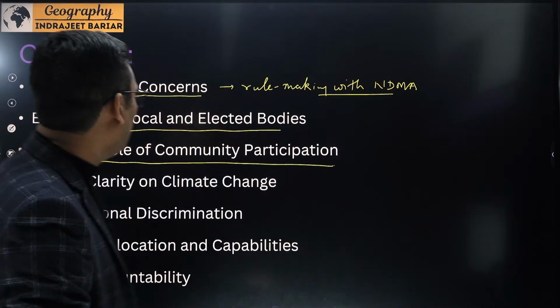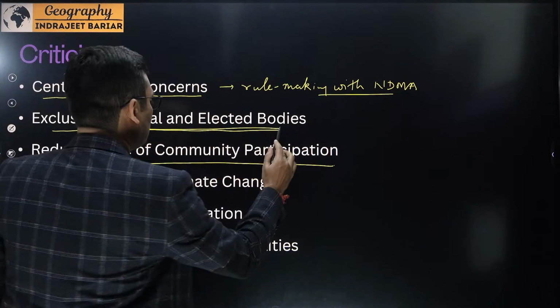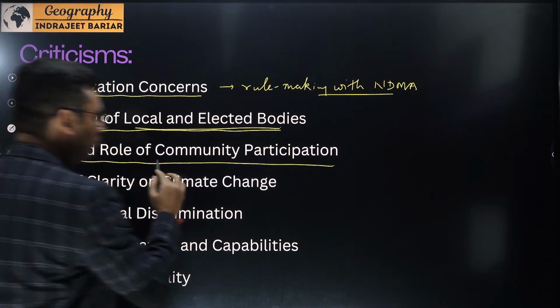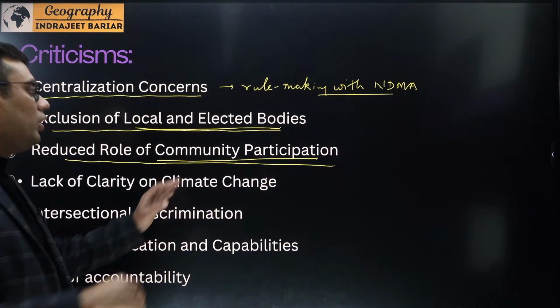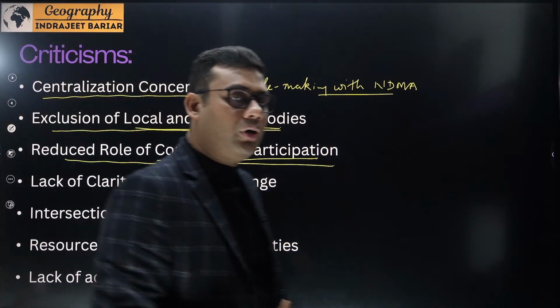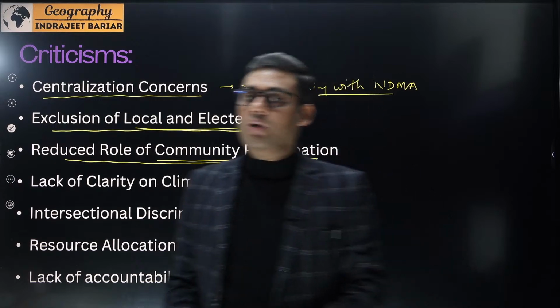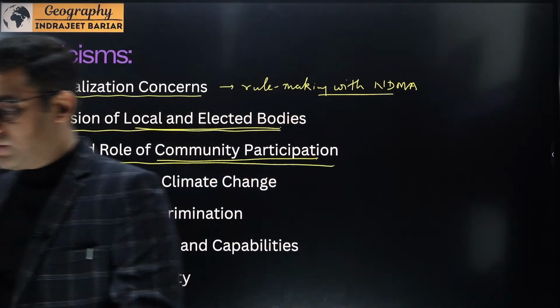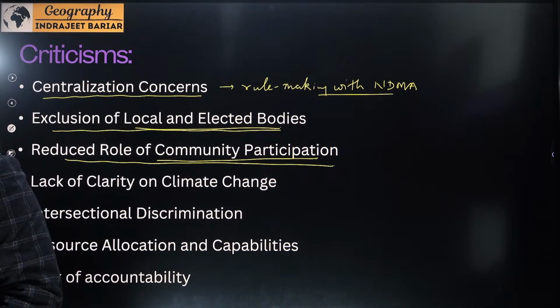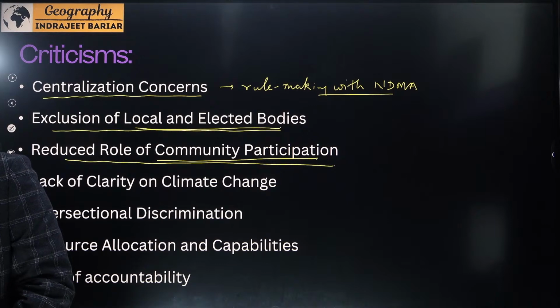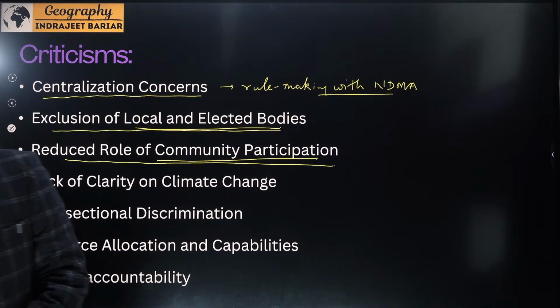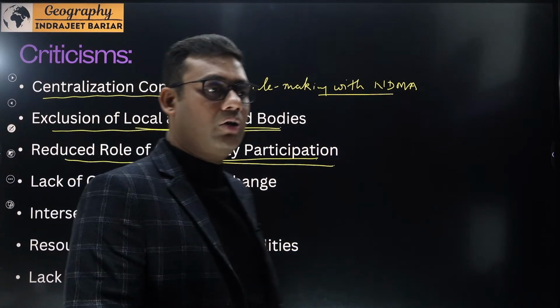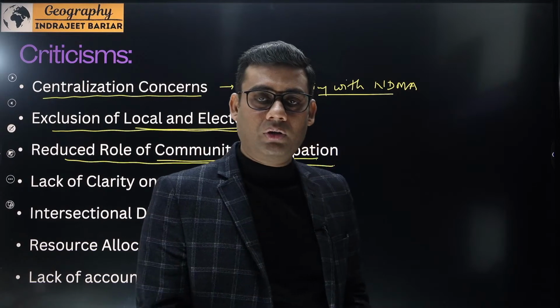And that is where the local and electoral bodies exclusion, as well as community participation, come in. Now, community participation is a very important aspect when you talk about the earlier arrangements. When I say earlier arrangements, I mean the earlier protocols like the Hyogo Protocol, for example.